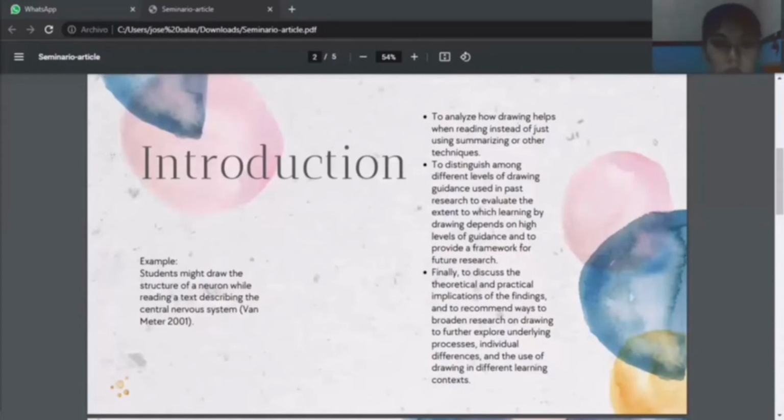Finally, to discuss the theoretical and practical implications of the findings and to recommend ways to broaden research on drawing to further explore underlying processes, individual differences, and the use of drawing in different learning contexts.